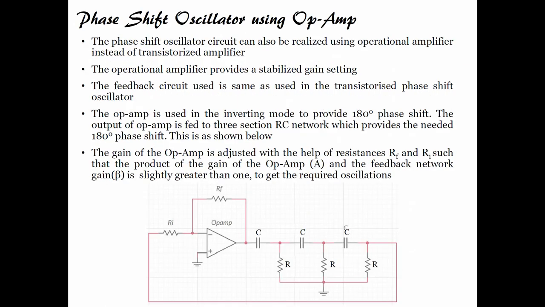That is the use of RC. You can see here, if the signal is applied to the inverting terminal, I have a 180 degree phase shift at the output. I feed it to the RC feedback circuit and get another 180 degrees. So 180 plus 180 is 360 degrees, and some part of the signal is fed back to the input to sustain the oscillations.